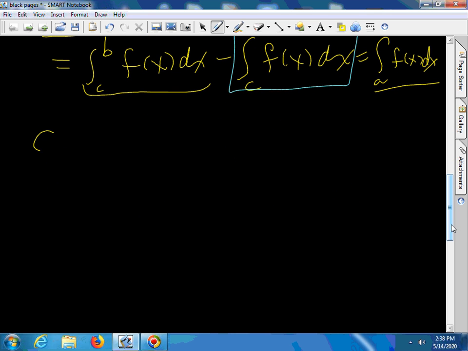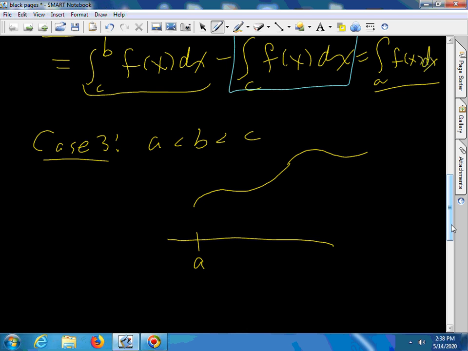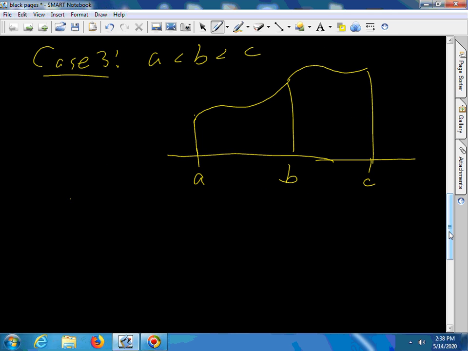Now, case 3, suppose that C is all the way to the right. So we have our same integral, area from A to C. We have our same function. And let us see what is the area from A to C of f of x dx plus the area from C to B of f of x dx.